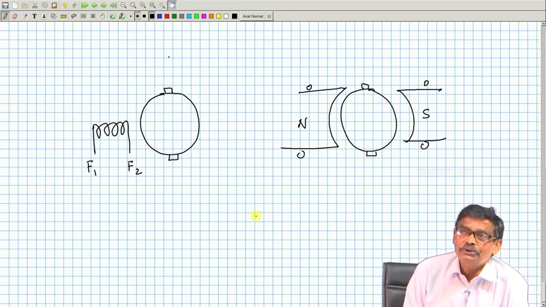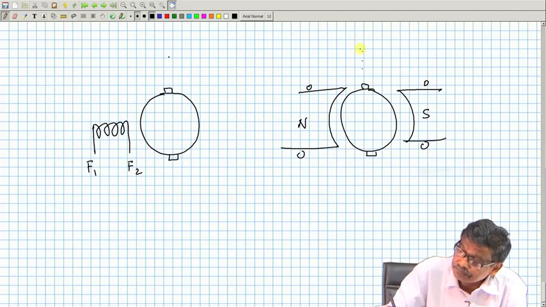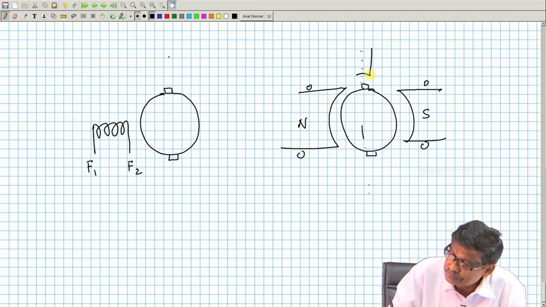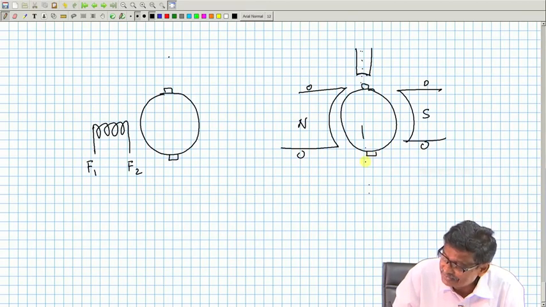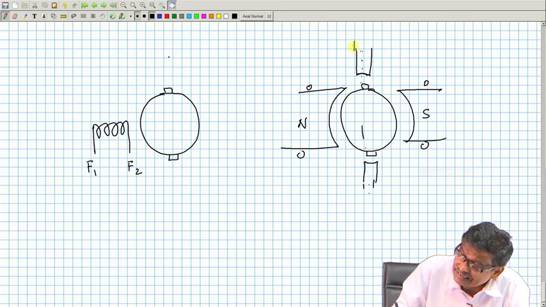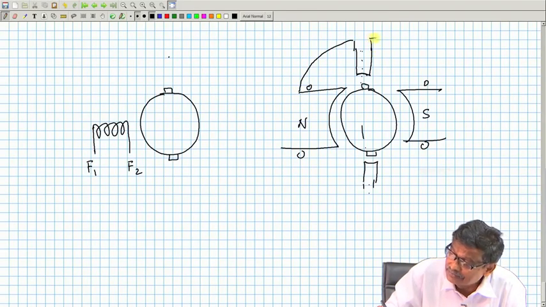Now, what you do is this: in this interpolar zone, that is along the q axis, you produce some small poles, thinner poles, very small width. And your stator will look like this one.